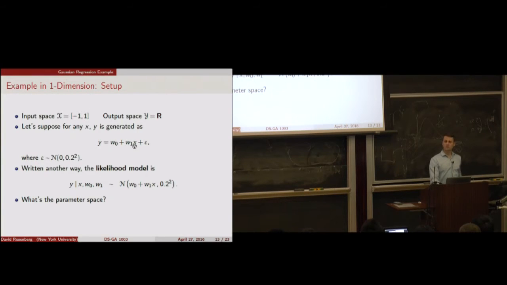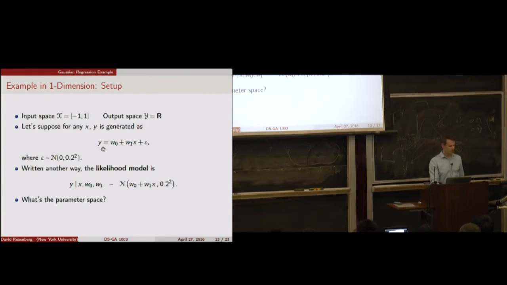Because W0 plus W1 x, that's just a number. You add to that a random variable that's normally distributed with mean 0. That's just going to shift the mean of this Gaussian distribution to W0 plus W1 x. Is that clear? Good. Okay.